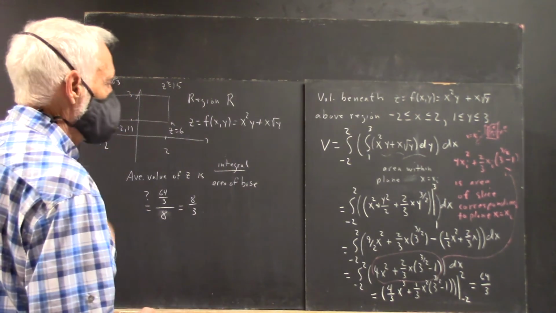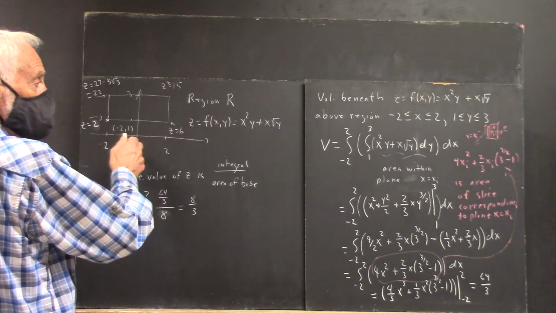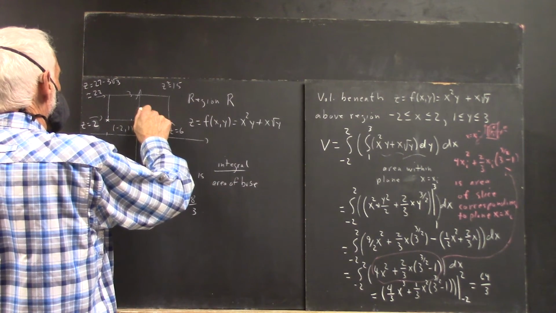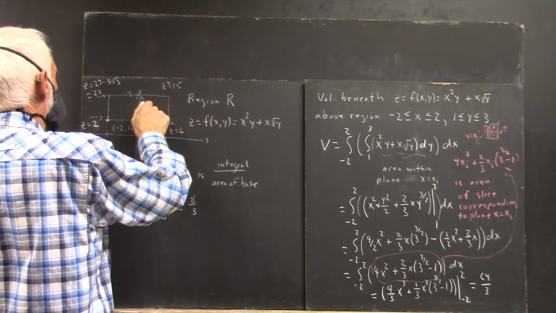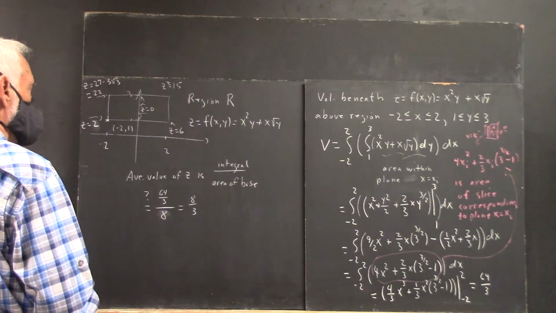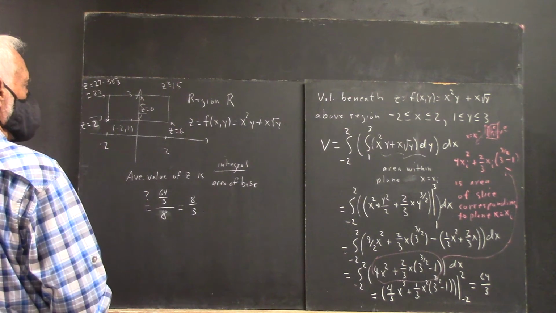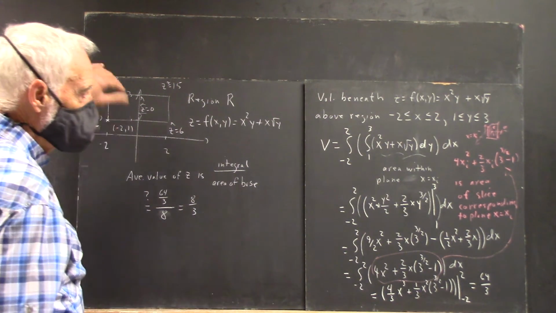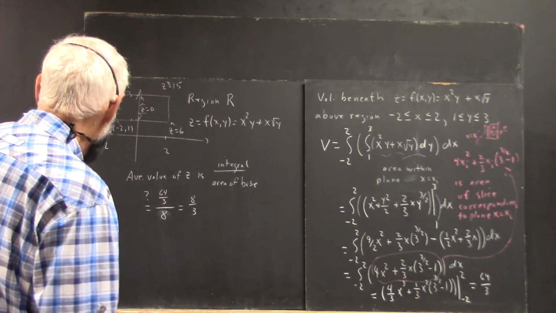And we could explore a little further. On the y-axis, of course, z equals 0 everywhere, because we have multiples of x. And of course we can do y slices and do evaluation. We're out of time.